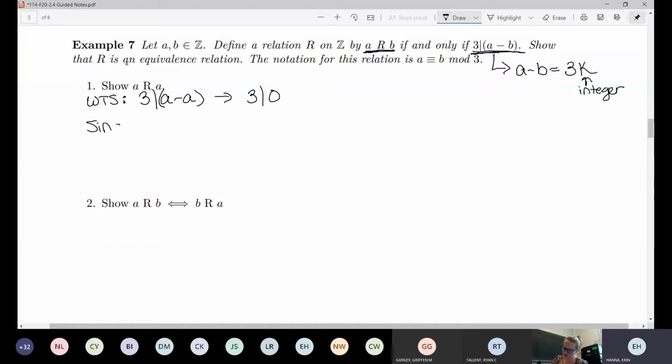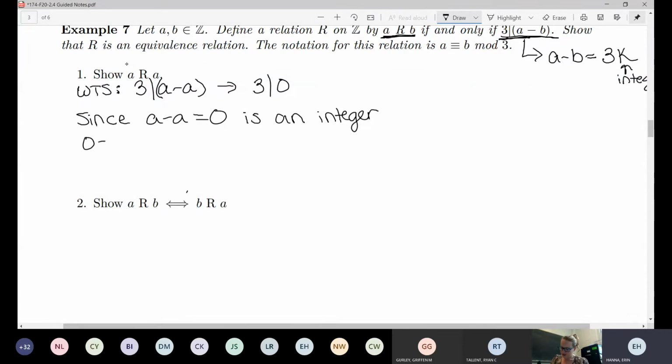So since a minus a equals 0 is an integer, because remember with these things, even, odd, divides, those were the 3, the fact that these things end up being integers is highly important. So we're just going to say 0 is an integer.